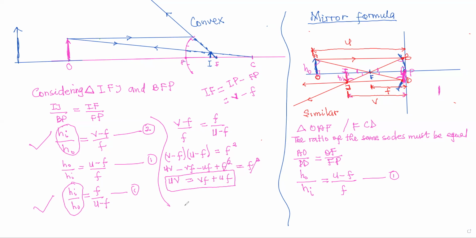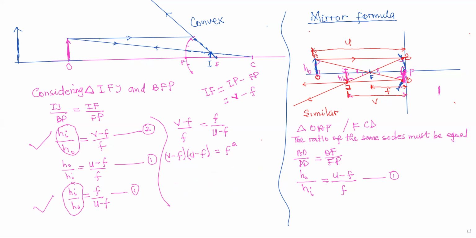Please, can you begin from the expansion again? When you cross multiply, you have this equal to F squared, isn't it?